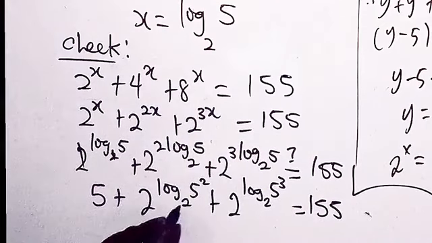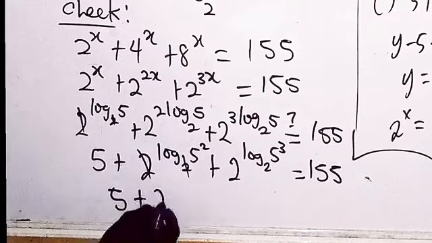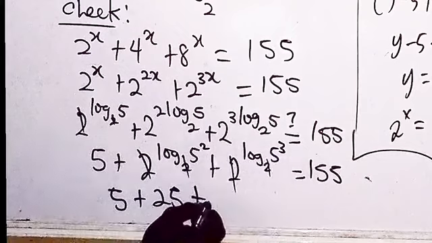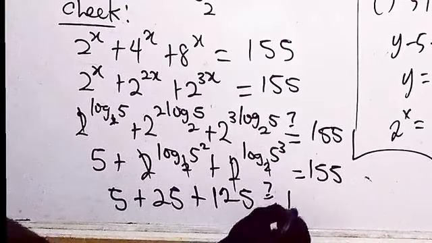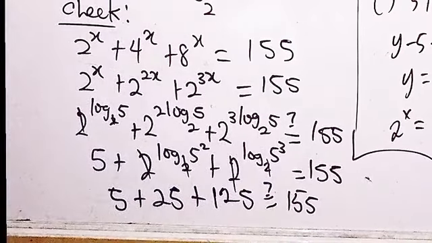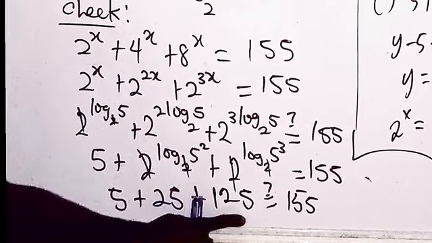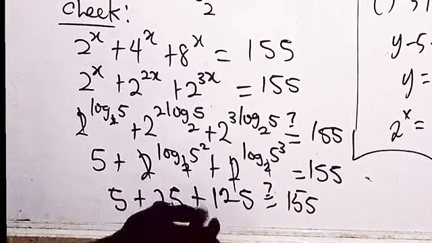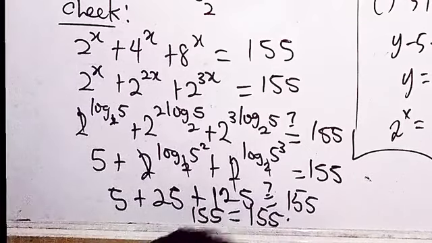Again the bases are the same, so they are cancelled. We have 5 plus 5 to the power of 2, which is 25, plus 5 to the power of 3, which is 125, equals 155. If you add this together, 5 plus 25 plus 125, that is 125 plus 25, we have 150 plus 5, we're going to have 155 equals 155. And that is the solution.